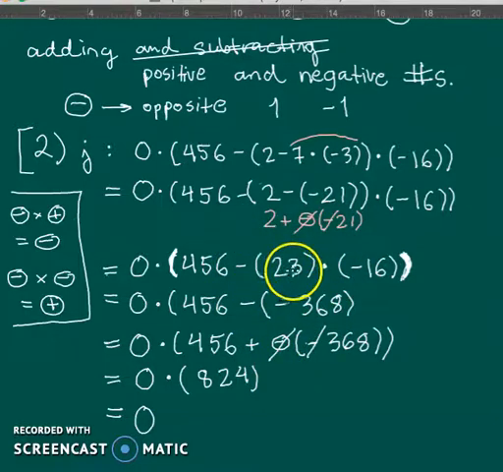So technically, we could have known that if we know that 0 times anything is 0, and we knew that we were multiplying this entire equation by 0, because we had these big brackets surrounding the whole thing, we could have figured out immediately that the answer was going to be 0.